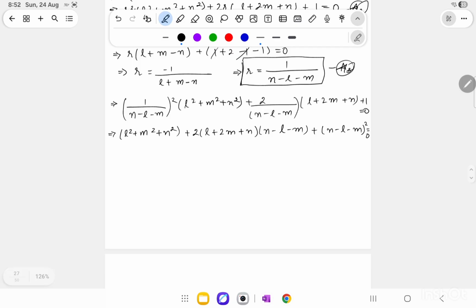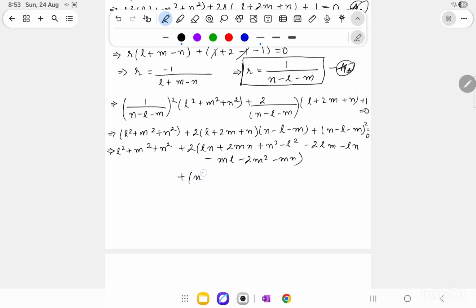So we can simplify it further. So let us do that. L square plus M square plus N square plus 2 into Ln plus 2Mn plus N square minus L square minus 2Lm minus Ln minus Ml minus 2M square minus Mn plus N square plus L square plus M square plus 2 minus 2NL plus 2Lm minus 2Mn is equals to 0.